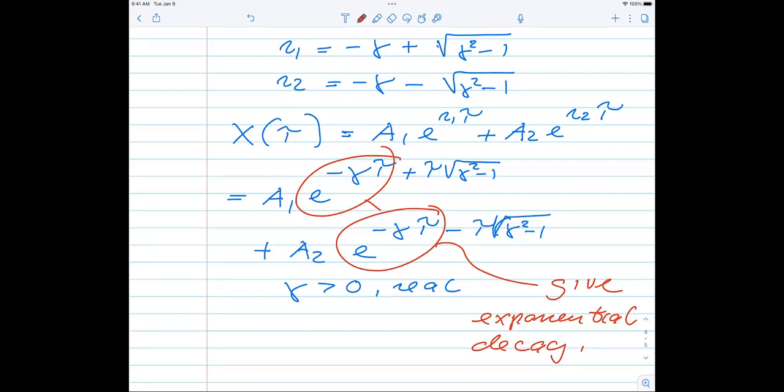And then what we will see is that there will be two terms. One which goes like minus gamma times tau plus tau times something. And then there is minus gamma tau minus tau times something. And one of these is going to go faster to 0 than the other one. And that will be the term which will drive things to 0 in a fast way. What happens if gamma squared is less than 1?